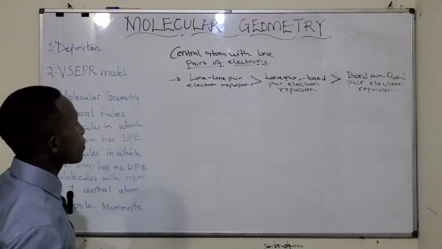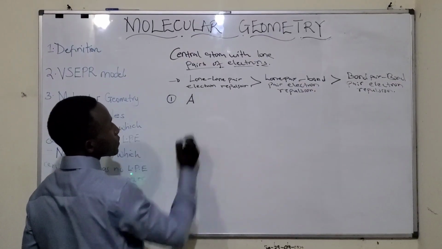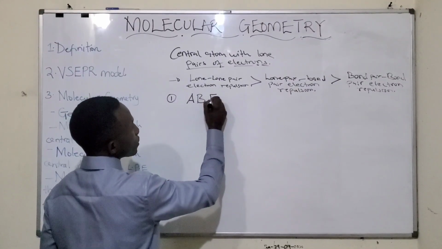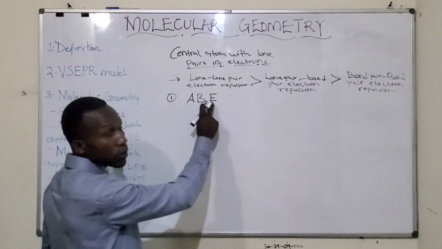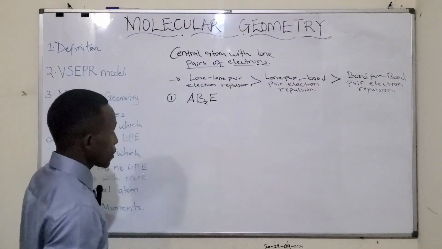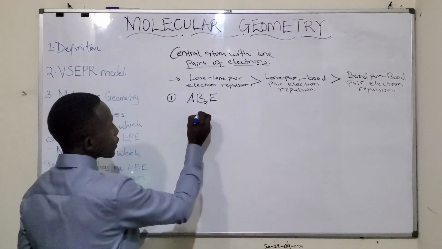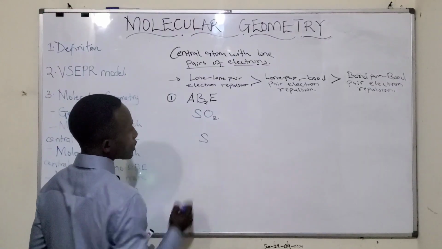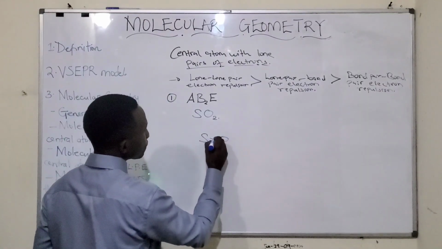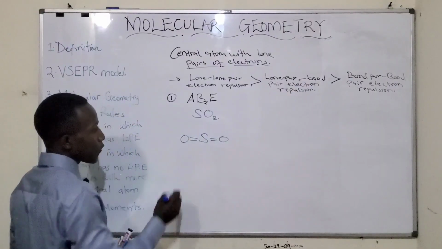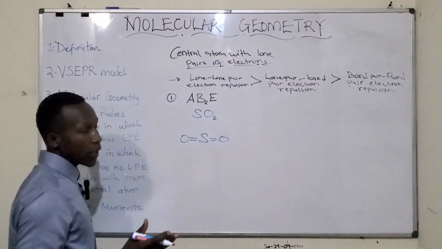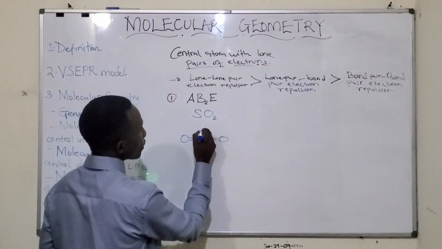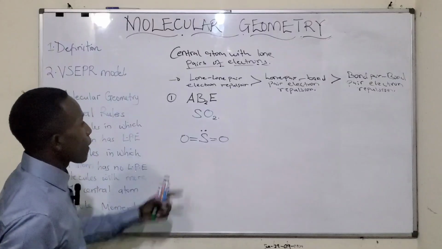Let's have some examples. One, we shall have an atom attached to 2 other atoms, and this central atom is having 1 lone pair of electrons. So let's have, for example, sulfur dioxide. This sulfur dioxide, we have a sulfur as a central atom attached to 2 oxygen atoms. And remember, sulfur is in group 6. It has 6 valence electrons, meaning that these 4 plus the lone pair of electrons.